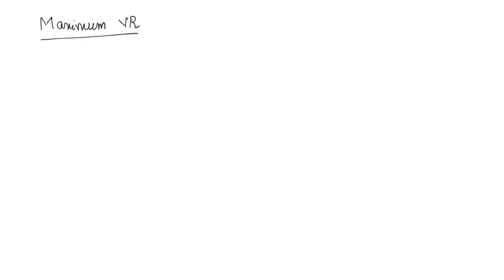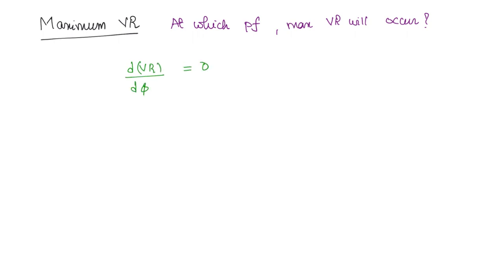With respect to the power factor, okay, at which power factor maximum VR will occur. So we have to differentiate with respect to phi and equate it to 0. So dVR by d phi, this is equal to 0.